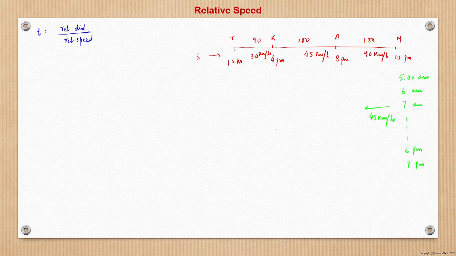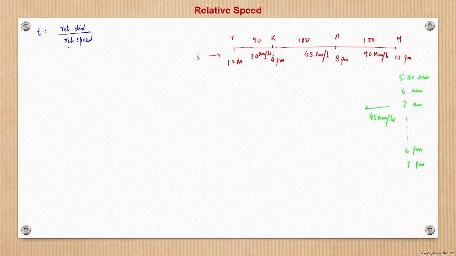So the question is to find the minimum time between two successive meets, or the maximum time. We know that the time between meets is nothing but the relative distance upon the relative speed, and for a moment we will assume that the relative distance is the same. How that works we will see going forward.